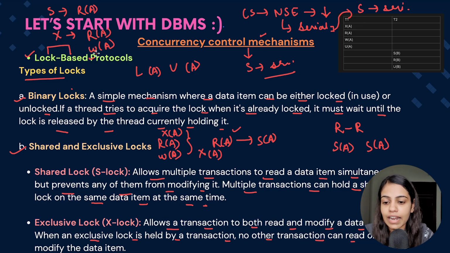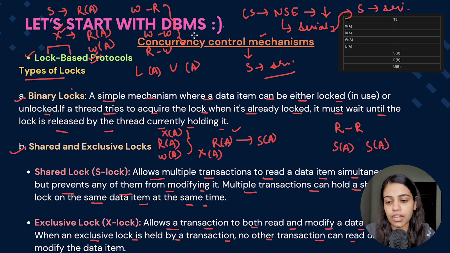Whenever a write operation is involved, there might be conflicts such as write-read conflict, write-write conflict, and read-write conflict. Just to avoid all these conflicts, if one transaction has acquired an exclusive lock, we don't provide an exclusive lock to the next transaction. If there are two transactions T1 and T2, and T1 has an exclusive lock, when T1 unlocks that exclusive lock, we can assign an exclusive lock to T2 for the same data item.